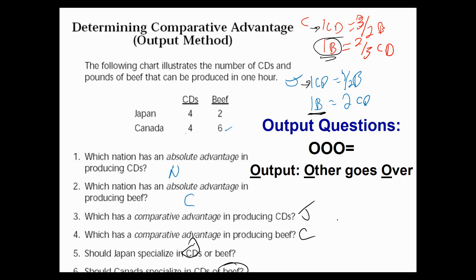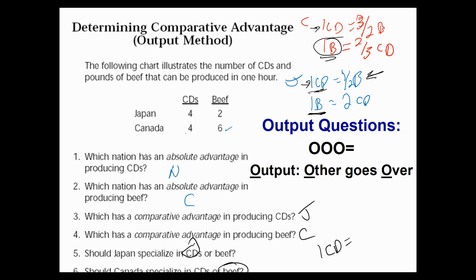If we were going for CDs, for every 1 CD, what should we trade it for? Well, let's look. If Japan is specializing in CDs, it costs them 1/2 of a beef. But for Canada, it costs them 3/2 of a beef. Well, we know Japan is specializing in that.